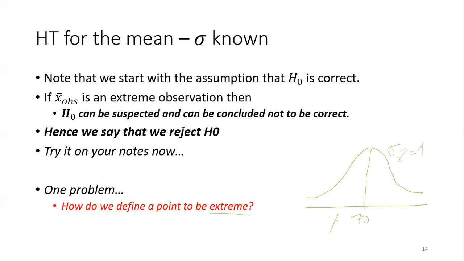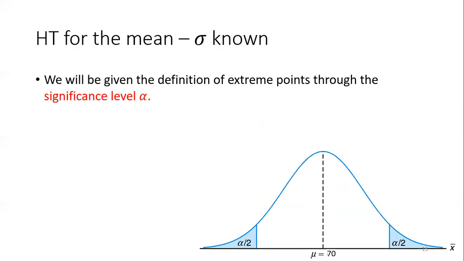This is mu of X bar, equal to 70. Let's assume 71 is somewhere here. So how can you say that 71.8 is an extreme point or not? In fact, in every question, we will be given the definition of extreme points through the significance level alpha.